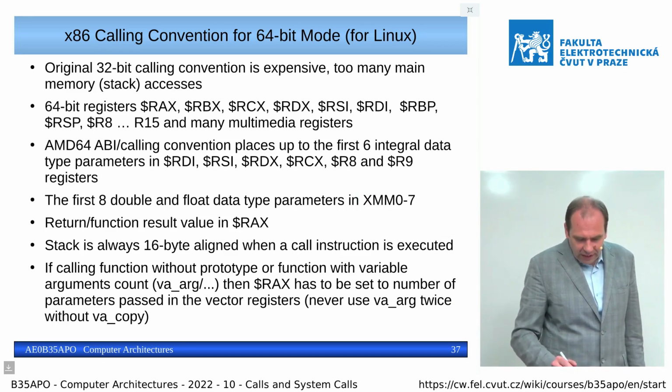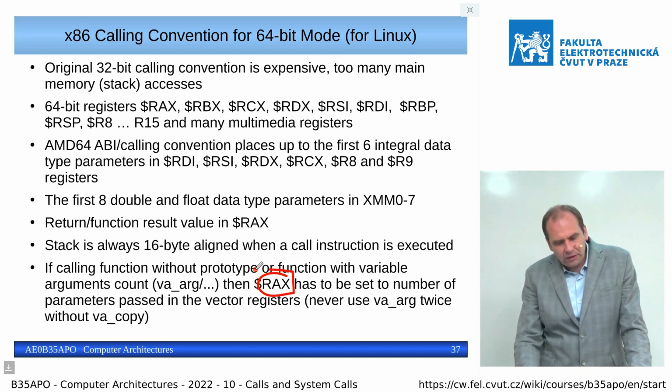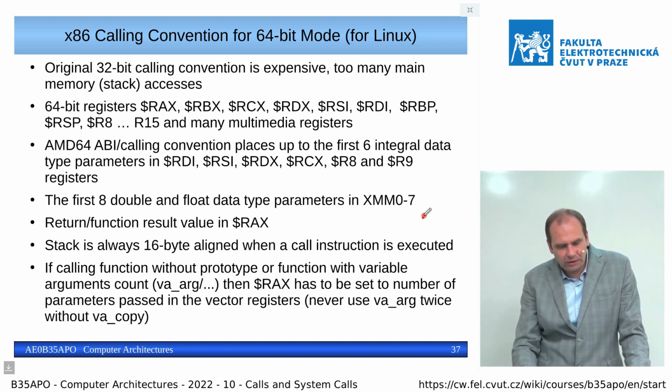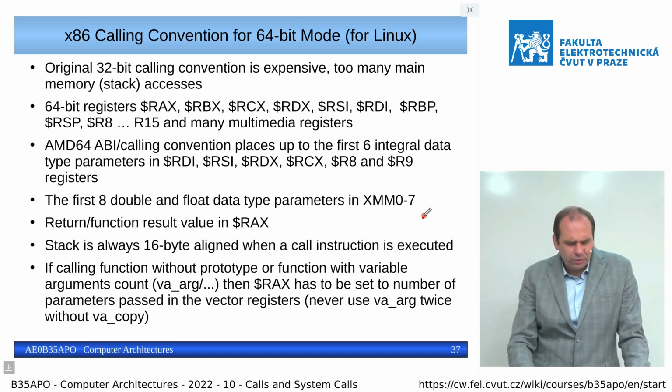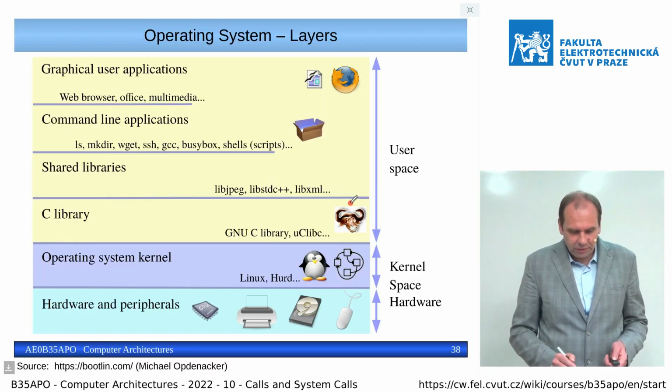So RAX has to be set to the number of used XMM registers. It is a complication, but it is necessary because otherwise you would need to store too much data in the argument iterators. So this is such complexity.